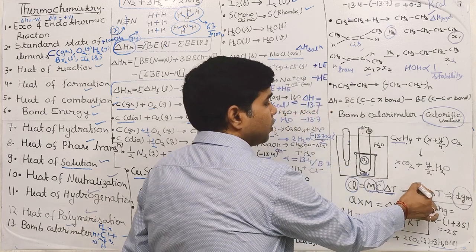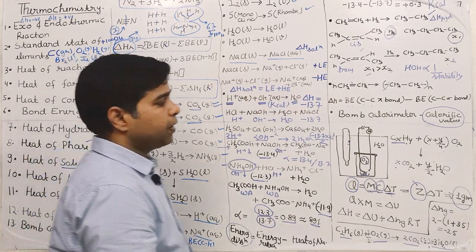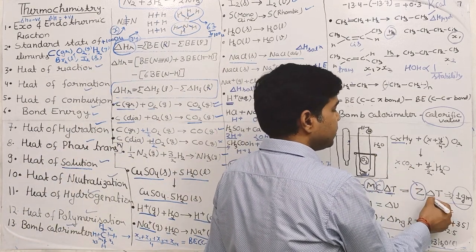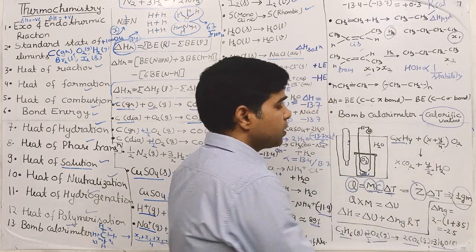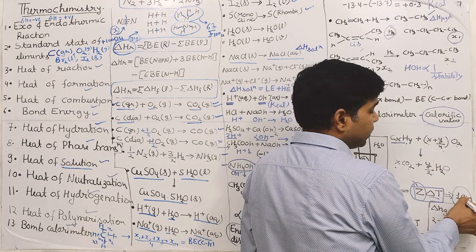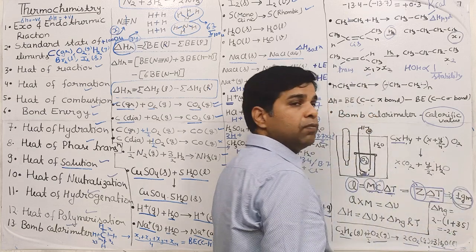Then if this Z value, the heat capacity of the bomb calorimeter, is given to us, what we have to do is just find out the increase in the temperature. Just calculate Z delta T, and you will get the energy released by 1 gram of the fuel.